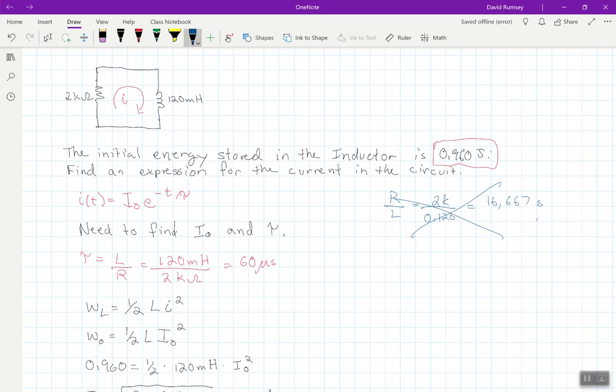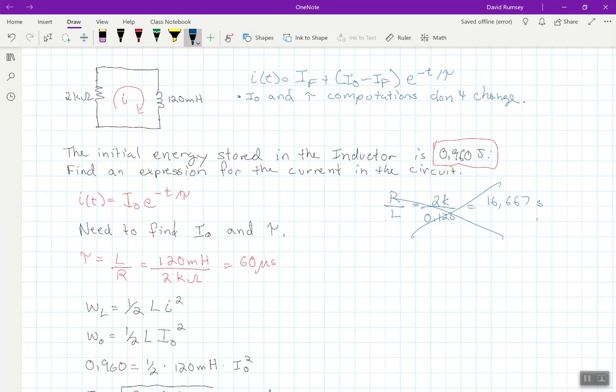So let's instead use i(t) equals I final plus the initial current minus the final value, times e to the minus t over tau. Now, the I0 and tau computations don't change. How we've been computing the initial current and tau, there's nothing different about this.